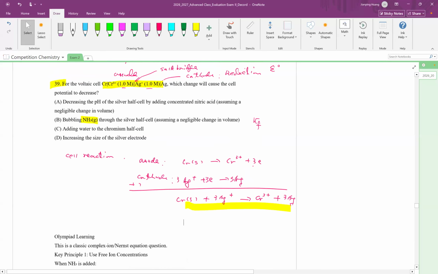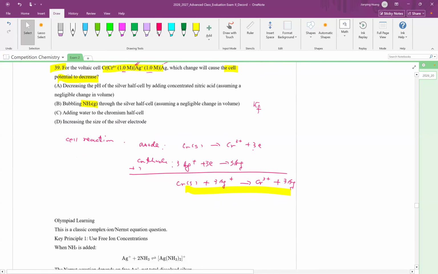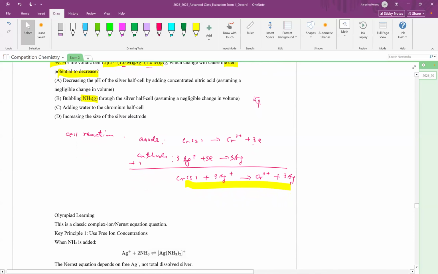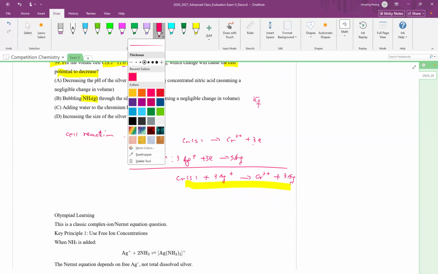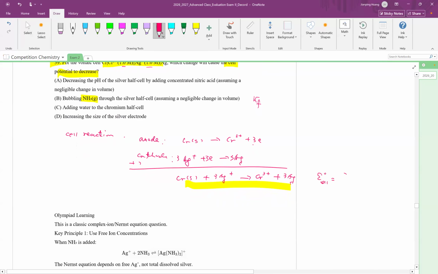You said change something, see the cell potential, change something, cell potential increase, which means the reaction is not under standard condition. If under the standard condition, the cell potential will never change. Why? Right minus left. If under the standard condition, the cell potential will never change because it's constant.